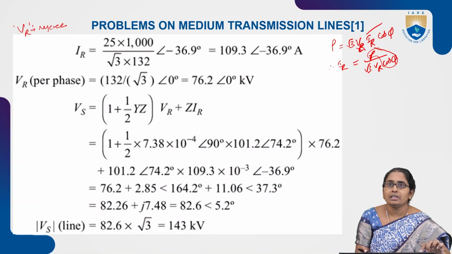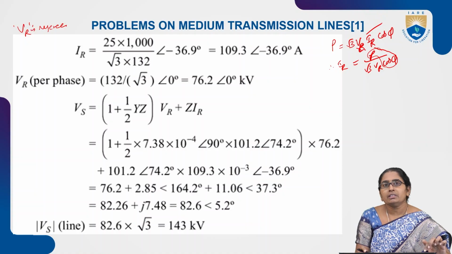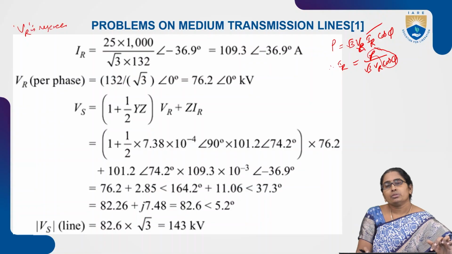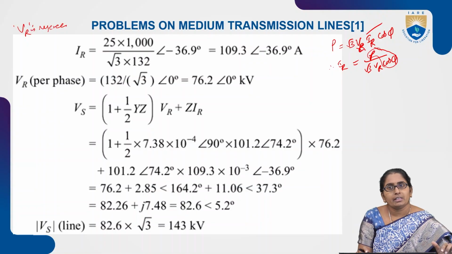The magnitude is calculated as 109.3. And because of the power factor, the receiving end current must have an angle. So 0.8 power factor lagging means minus 36.9. That is how IR is calculated.